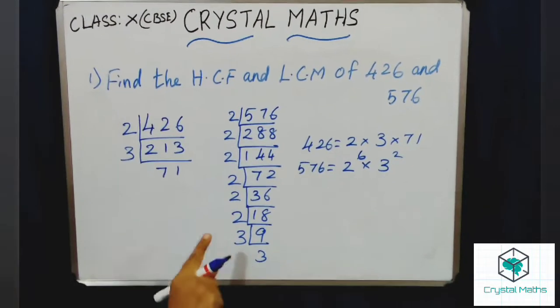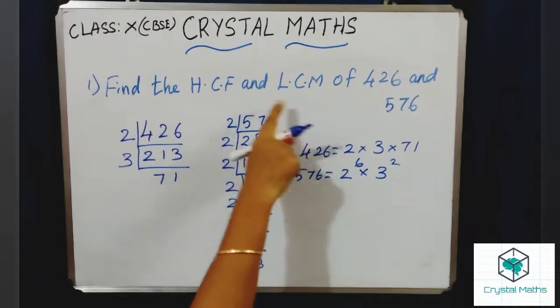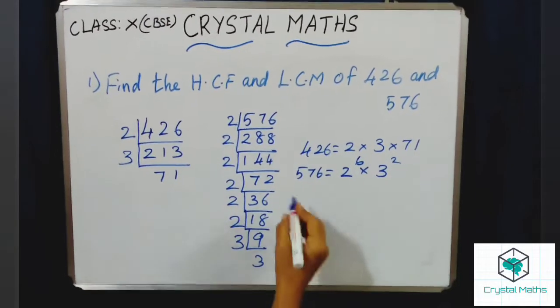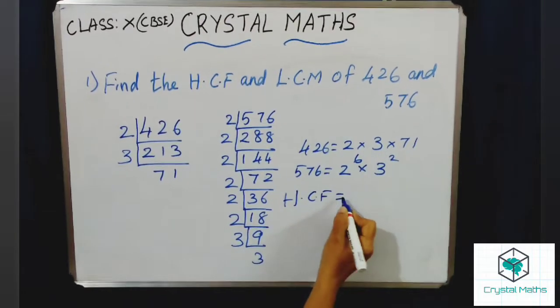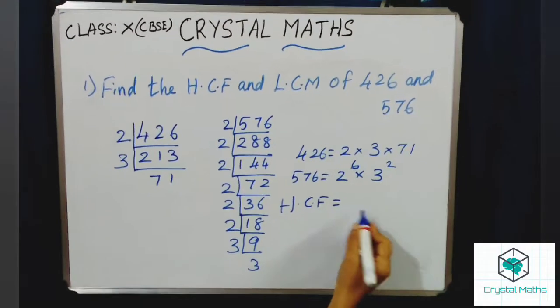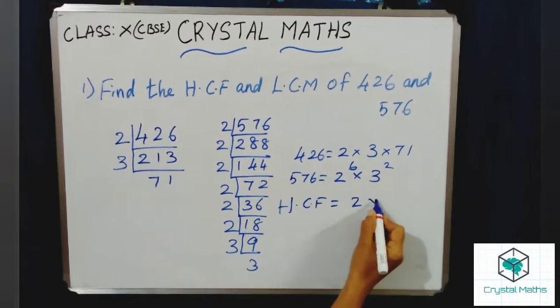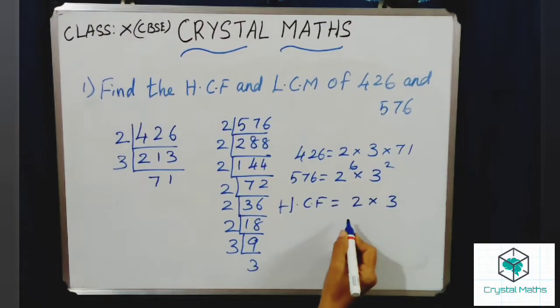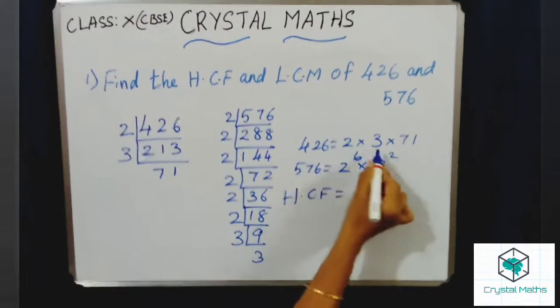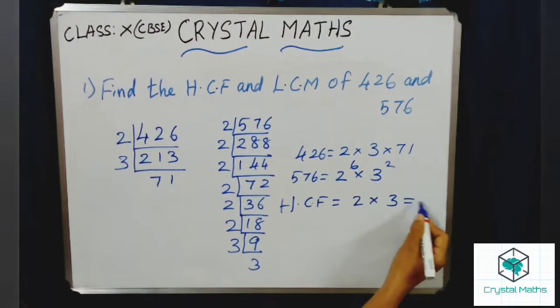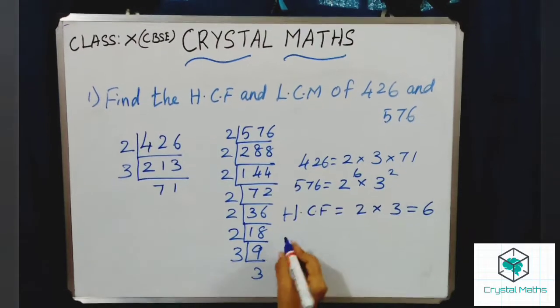The same work can be used for finding both HCF as well as LCM. If you are finding HCF, you should write the common factors present in both the numbers, 2 and 3, with the lowest power. So the lowest power for 2 and 3 is 1. So our answer is 6 for this.